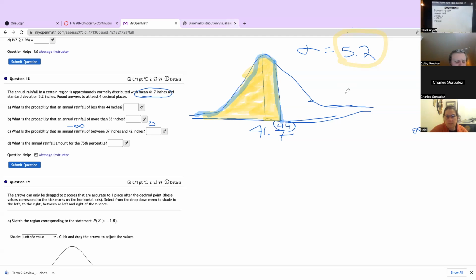It has to be a number between 0 and 1. 0 area would be infinitesimally small, and 1 is if the whole curve was shaded. I don't have the whole curve shaded. So I hit paste and enter, and it's 0.67. To 4 decimal places, it's 0.6709. So I go in here to 4 decimal places.